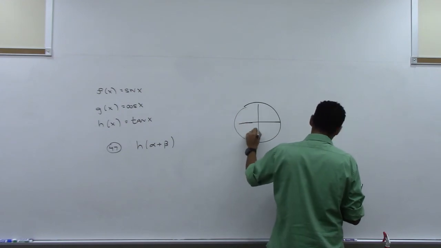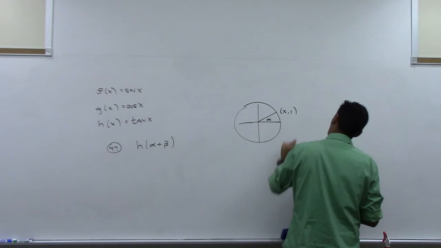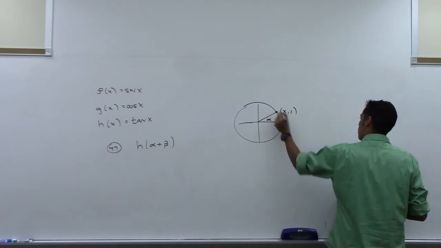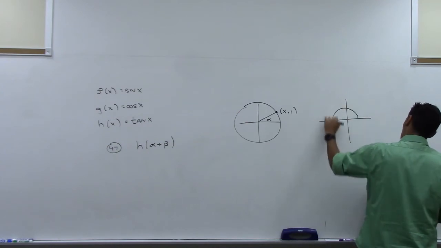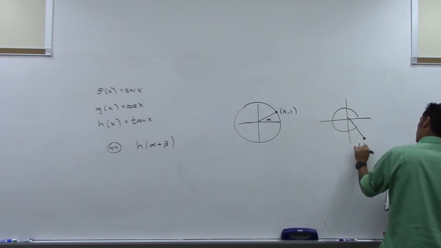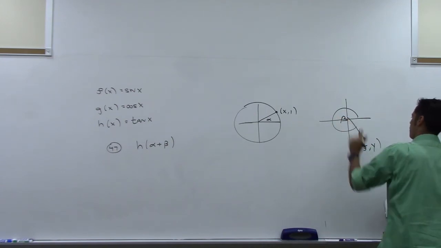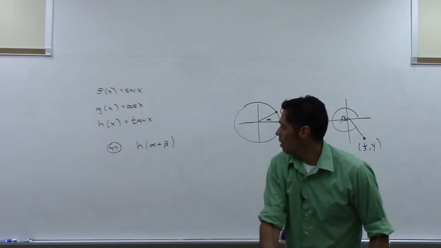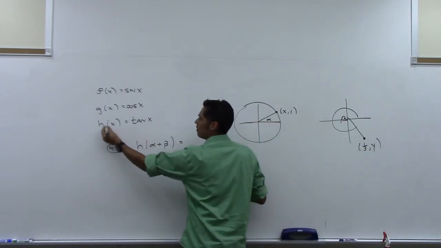They say alpha is here, and that's the point x, 1. And they tell you that beta is over here, and that this is the point 1/3, y. This is beta. All right, so what would h of alpha plus beta be? Well, h is this function.